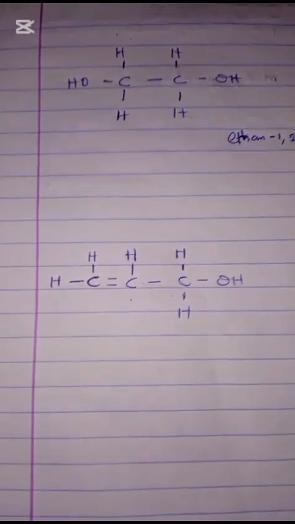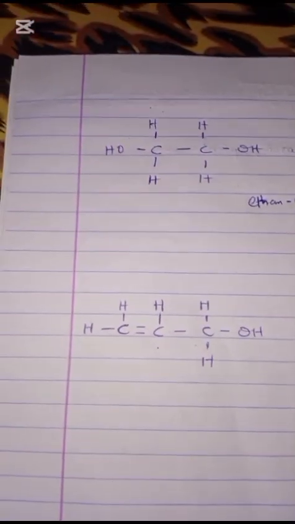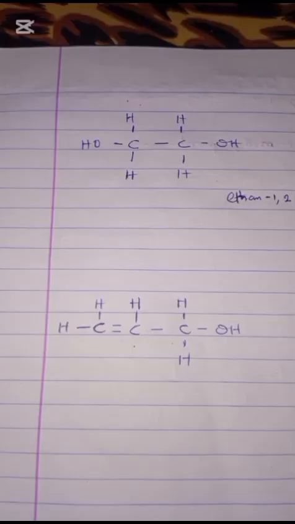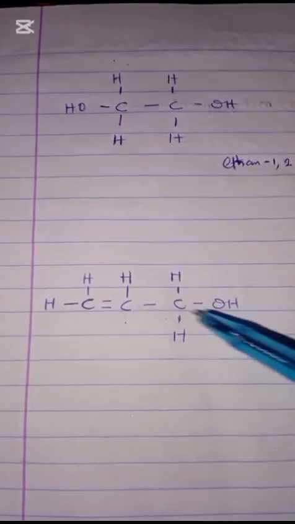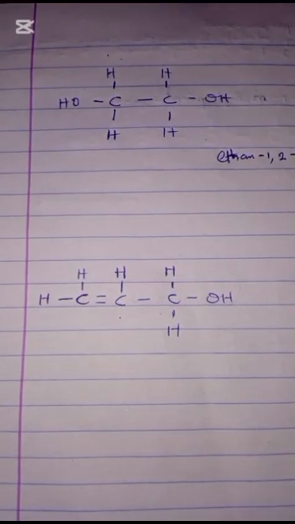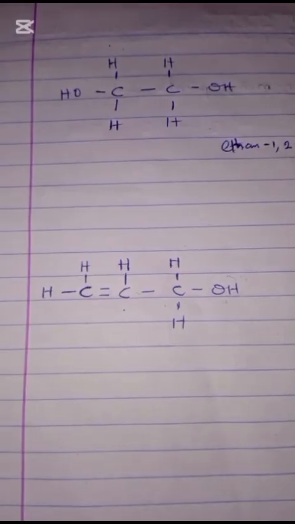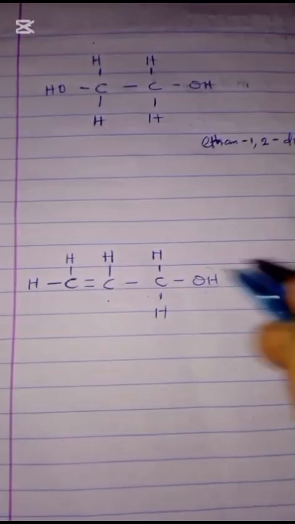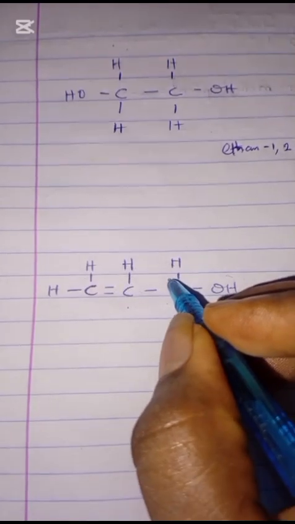If you remember the trend I gave you for the functional group with the highest priority, you notice that hydroxyl has higher priority compared to the double bond between these two carbons. On that note, we give OH the highest priority, which means you're going to number from the carbon that gives the OH the lowest number possible, and that is from the right.